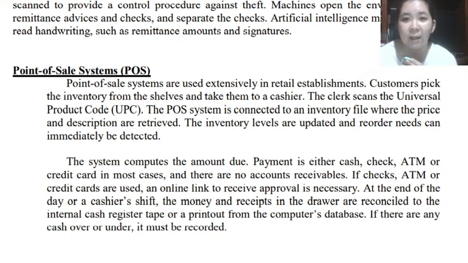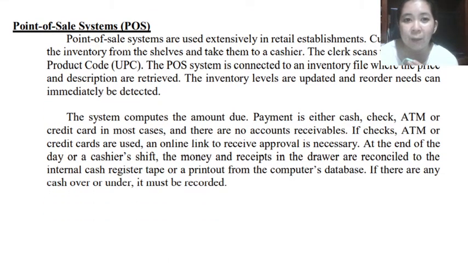Okay, and then it will also update the records and inform, or pop up a certain message where reorder is needed already, meaning the reorder point can immediately be detected. So the system computes the amount that is due, and then payment is either cash, check, or ATM, or even credit card in most cases.